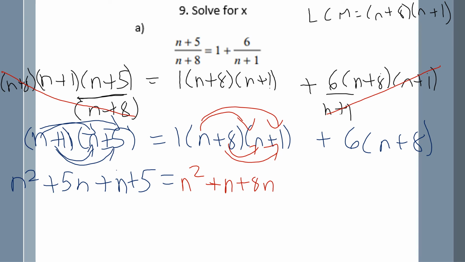And then my last, 8 times 1 is 8. All right. Now, let's do the last part of this. Using your distributive property, you're going to get plus 6n plus 48.